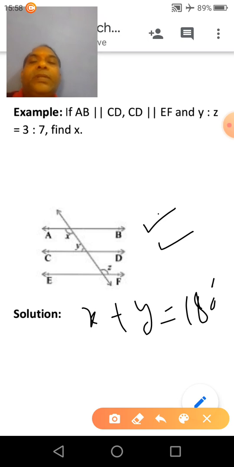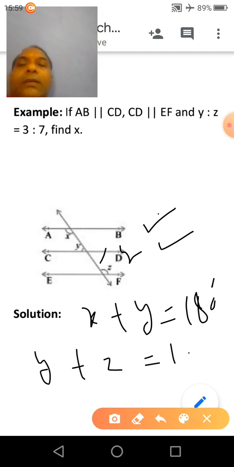Clear? And this angle will be Y, and Y plus Z will also be 180 degrees. Clear?